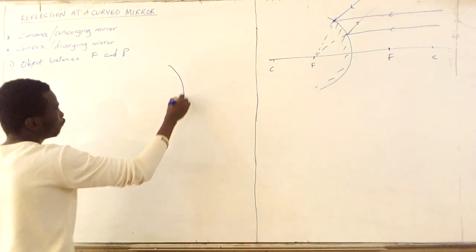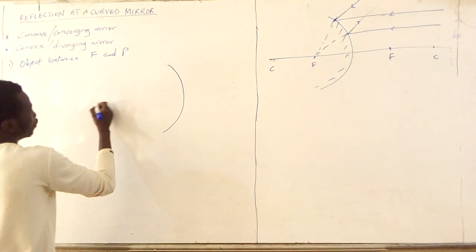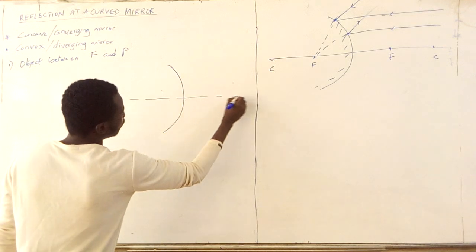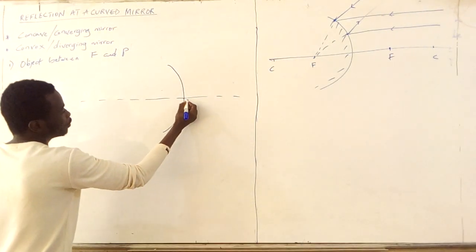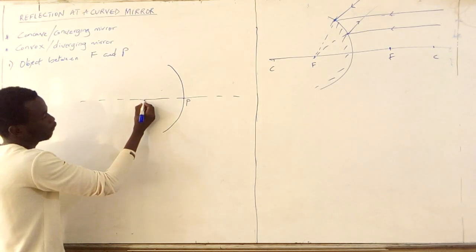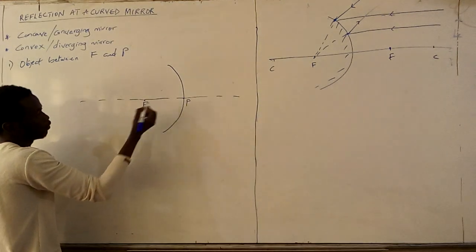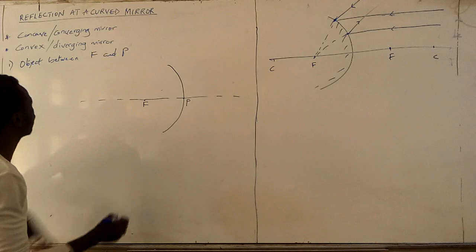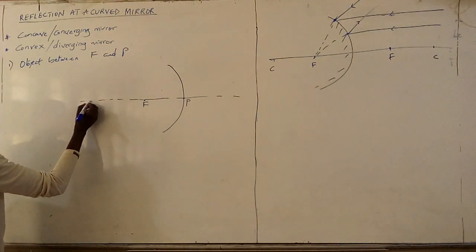So I'll have my concave mirror here. This is the principal axis. I will say this place is the pole. We can choose any convenient distance from the pole to F. So this is our principal focus.